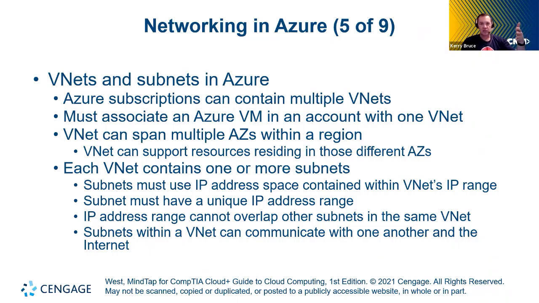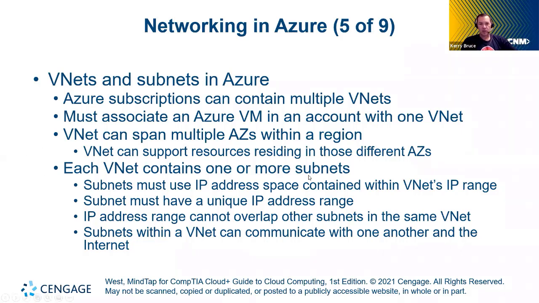You must associate your VM in an account with one VNet. So if you have VMs, each VM has to be associated to one of your VNets. Your VNet can span multiple AZs within a region, which, if you think back to AWS, your VPC automatically expanded across the zones. Your subnets couldn't. Okay.